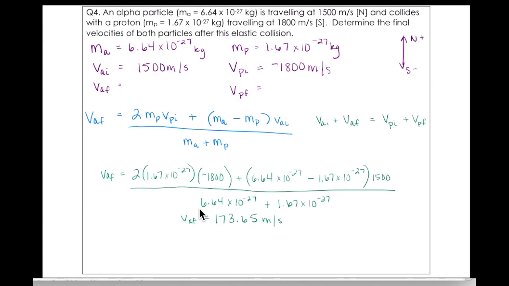So I found VAF. Now I need to find VPF, the final velocity of my second object, which in this case is the proton.